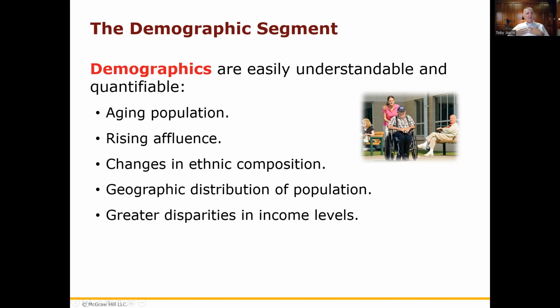And something that personally concerns me is that we're seeing greater disparities in income levels. Used to be, there were a few very wealthy people, a few people living in poverty, and a huge middle class. What we're seeing now is that middle class dispersing to either end: more people who are millionaires and even billionaires, and also more people living in poverty.